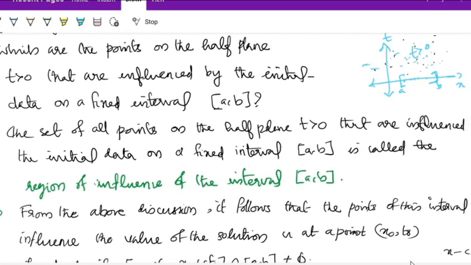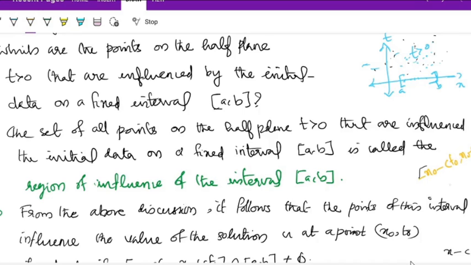And from the above discussion, it follows that the points on this interval will influence the value of the solution at the point (x0, t0). We know that the solution u at (x0, t0) depends only on the initial data defined on the characteristic base, which is given by the closed interval x0 minus c t0 to x0 plus c t0.